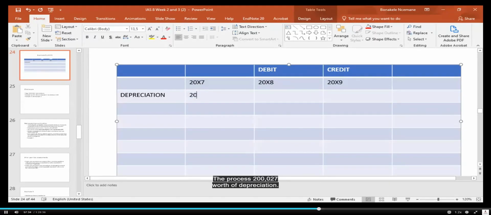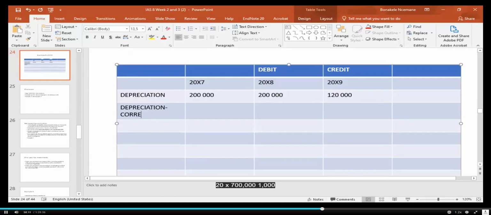So they processed 200,000 worth of depreciation in 20X7. They processed 200,000 worth of depreciation in 20X8, and then they processed 120,000 in 20X9. But what I want to know from you is, what was the correct depreciation if the depreciation is on a diminishing balance method and the asset that was purchased is 1 million? What was the correct depreciation in 20X7? 200,000.